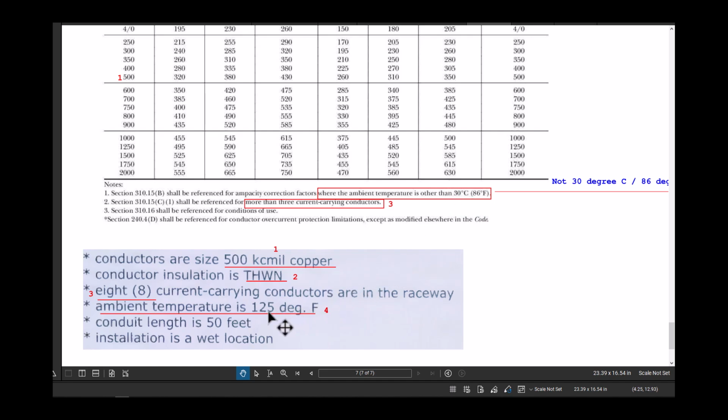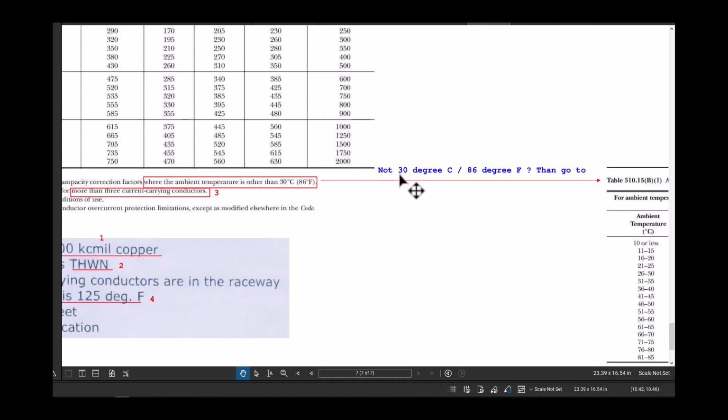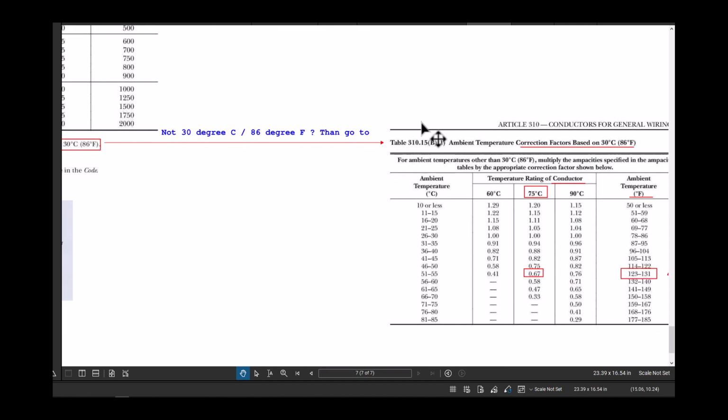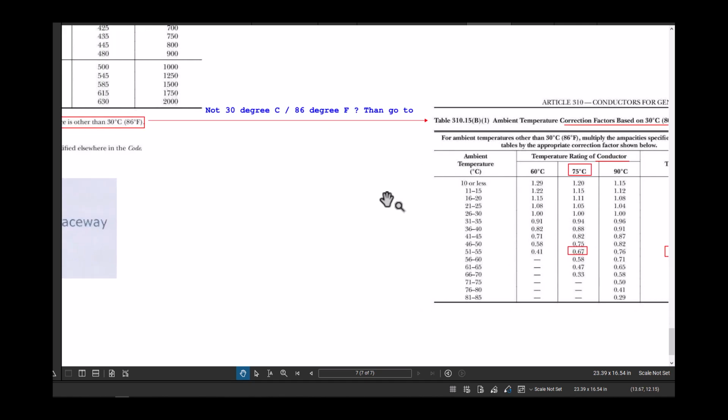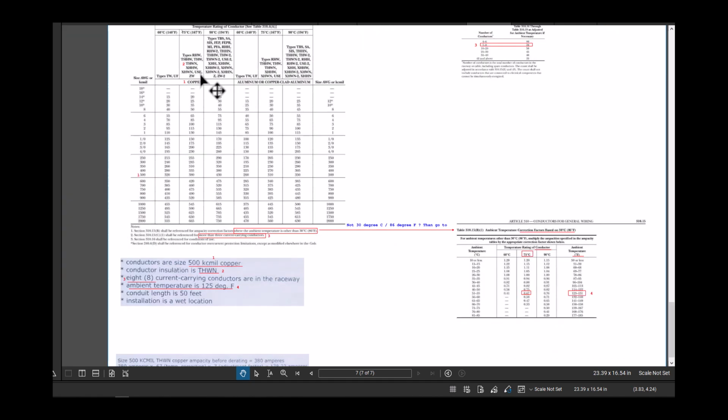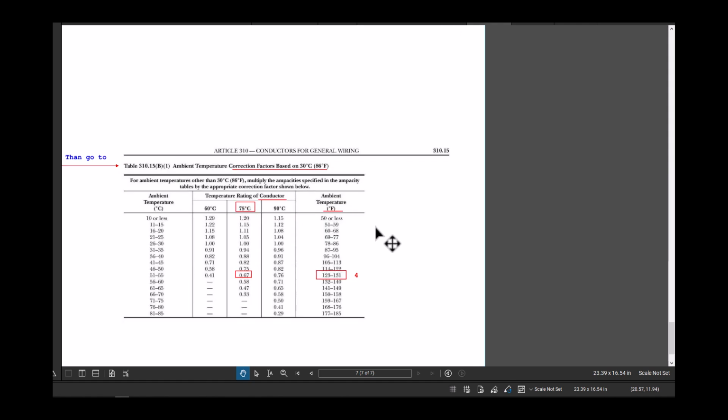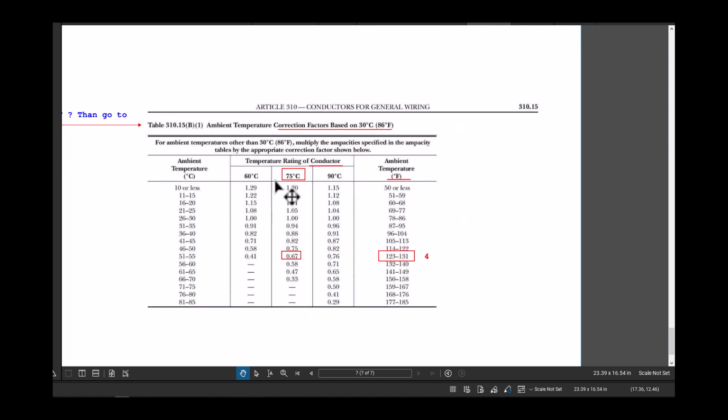If you have a different temperature, as we have, we should go to another table, which I put here. This table, the ambient temperature, gives us where we should go. Because our wire is in the 75 degree column here, we go to this table to 75 degree.